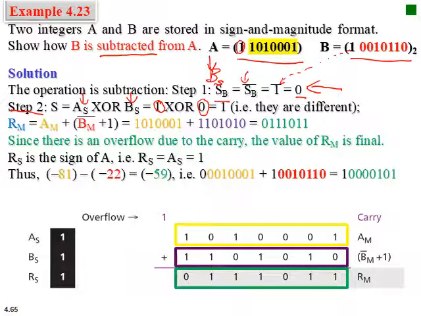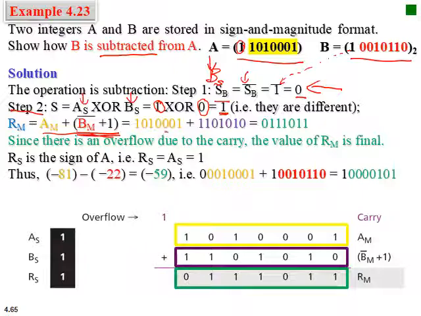The XOR between 1 and 0 is a difference checker, so the result will be 1. And now because the result here is 1, we can't just do addition of A's magnitude and B's magnitude, but the addition of A's magnitude plus the 2's complement of B.